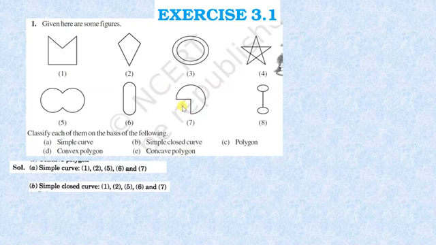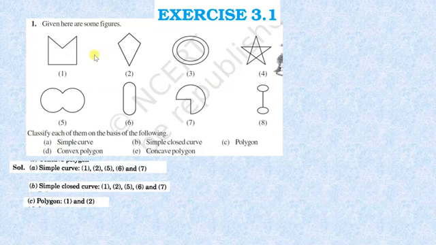Next one is polygon. A polygon is a simple closed curve that is made up of only line segments. So only the first and second ones are simple closed curves made up of line segments. So these two are polygons.